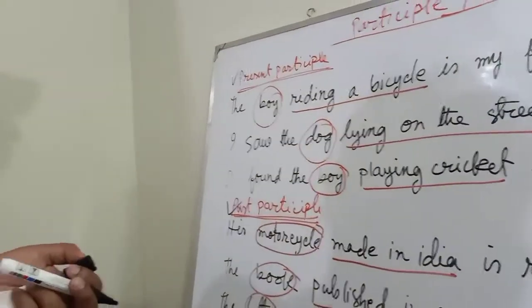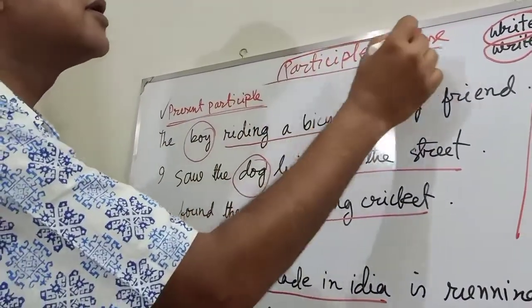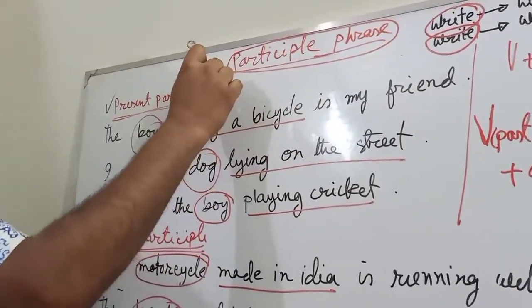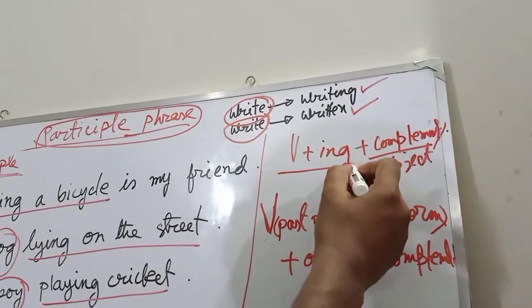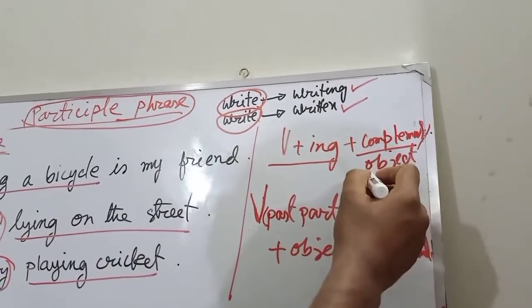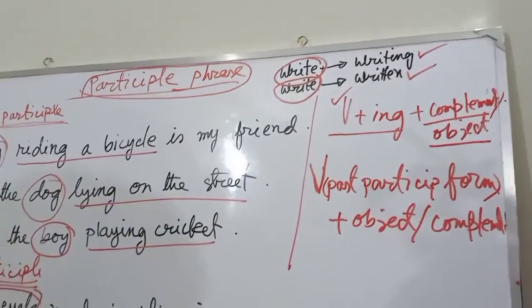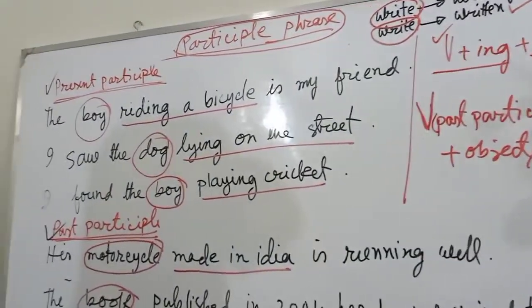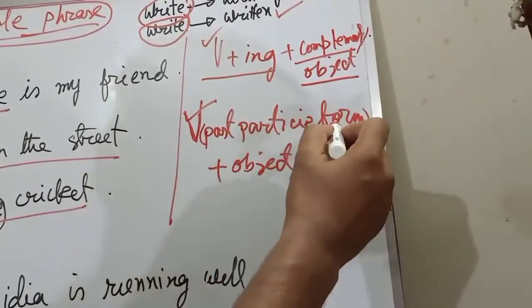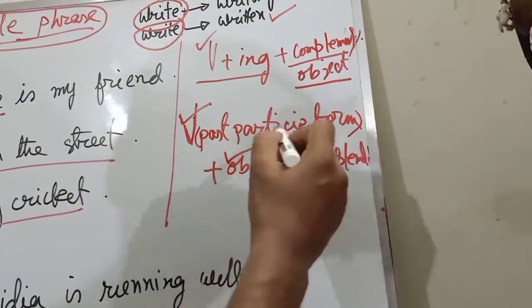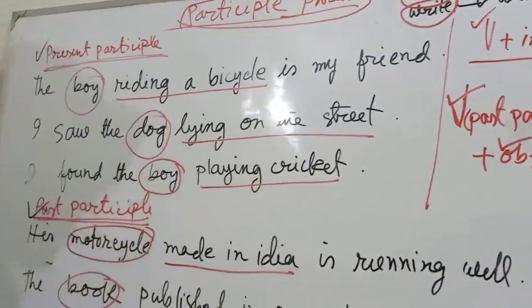But we have to think about participle phrase. Verb plus ing and the direct object of the verb, this is a present participle phrase. Past participle form and the object or complement of the verb. In our example, it will be cleared.